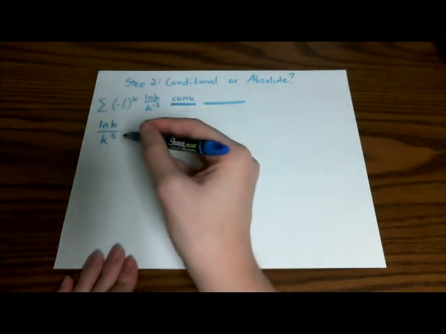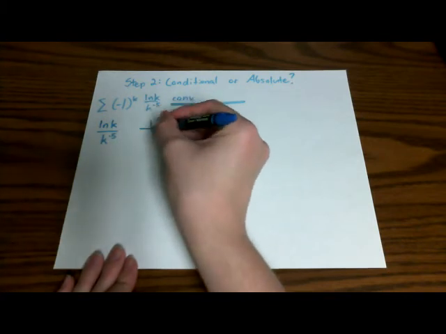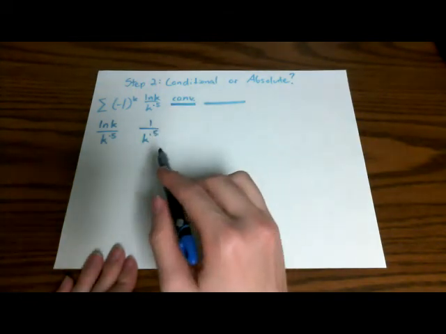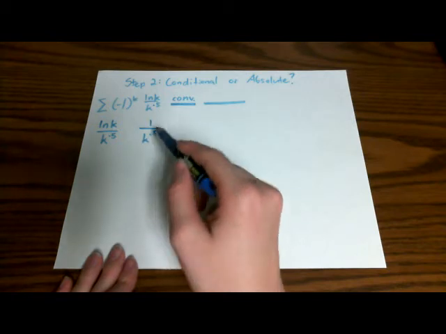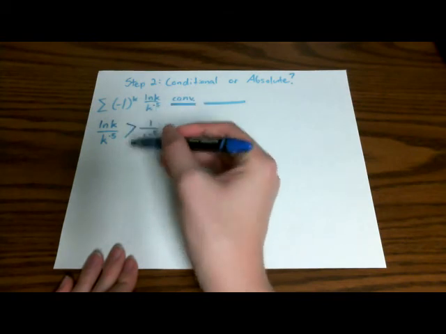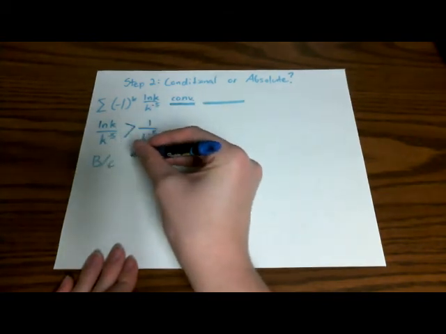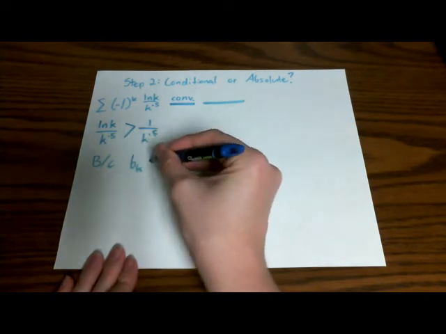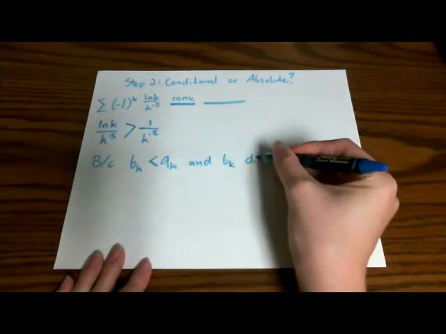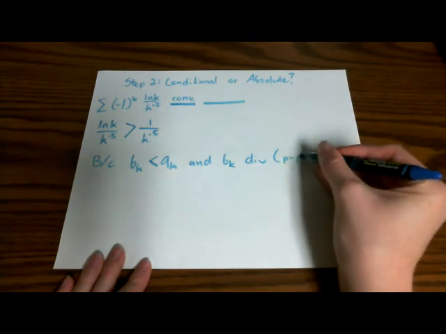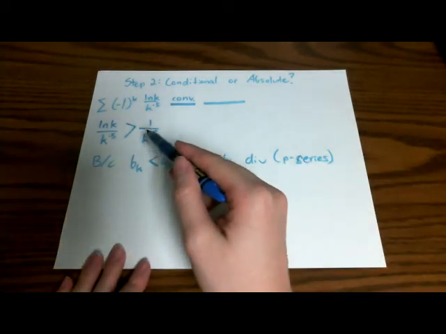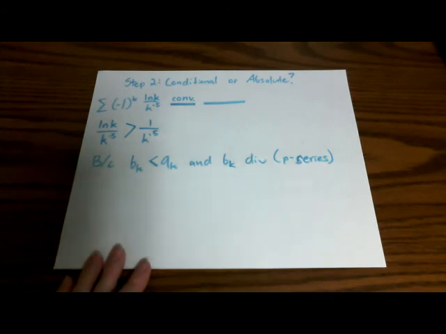This is our a sub k, and then we have 1 over k to the 0.5, which is our b sub k, and we think that it's going to diverge because we can just see that this by the p series would diverge, and ln of k is bigger than 1, and we can go ahead and say that because b sub k is smaller than a sub k and b sub k diverges by the p series, because this 0.5 is less than 1, that's how you do the p series.